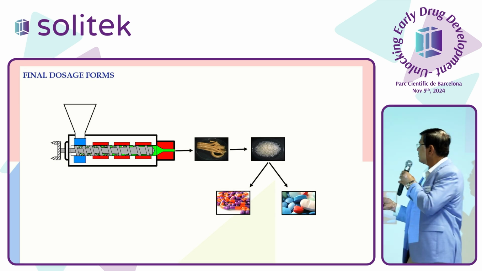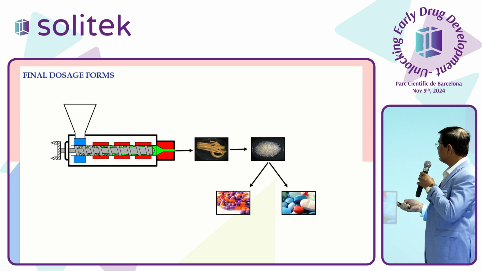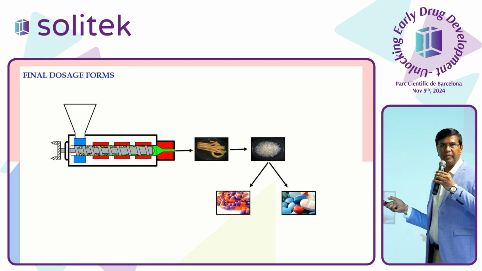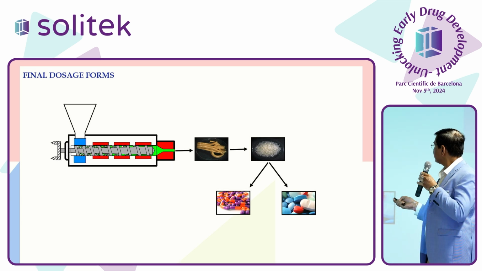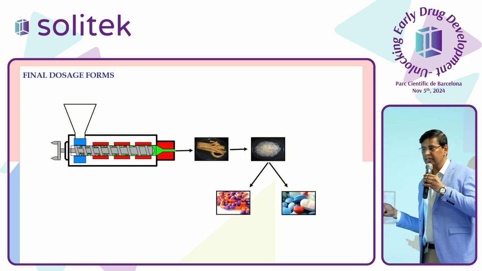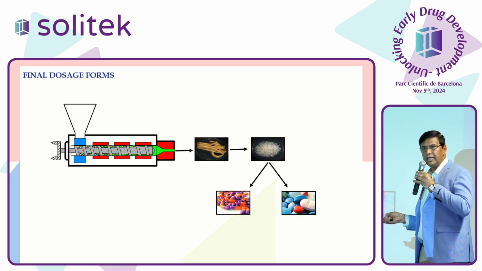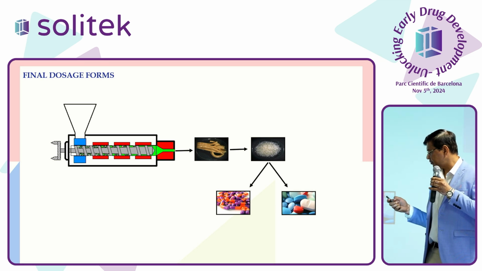Here I put a noodle-shaped die, so you will get noodles. Then they will be crushed or pelletized using a crushing machine or granulator, and then you will get granules which are free-flowing. Then you can convert them into tablet dosage form, or you can fill them into capsules using other excipients like lactose.